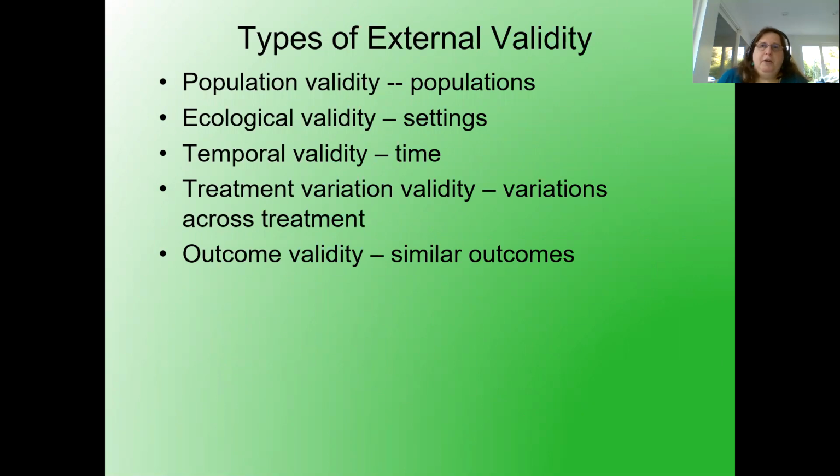First type has to do with population validity. Can we generalize across the population? Okay, we generalize across multiple populations. Let's say we show that aspirin is a wonderful preventative for heart attacks.